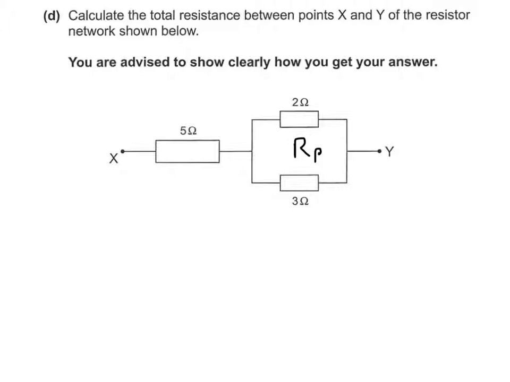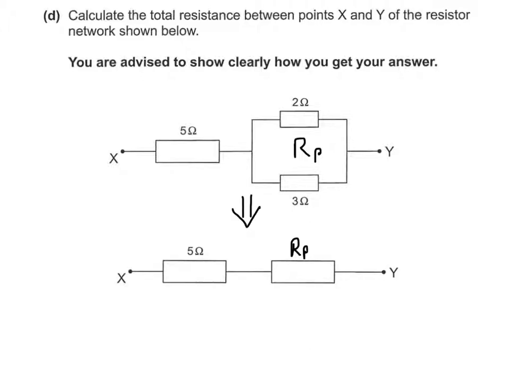So we have some parallel thing in series with this 5 ohms, and so we just find the resistance of this and add it to that. And again, this circuit will just simplify to this, and once we know the value of Rp, we simply add these two. Very, very simple.